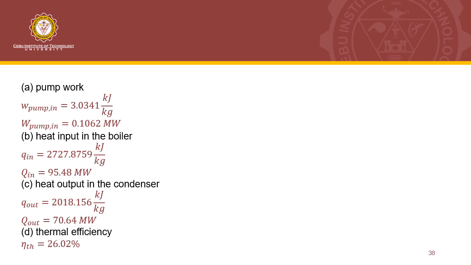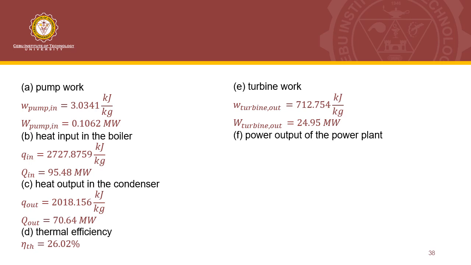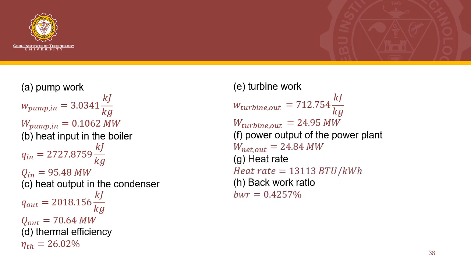That is not a good indication, because it means that you are producing a lot of waste energy here. We also have the turbine work, the power output of the power plant, the heat rate, as well as the back work ratio. So that is how you compute all those quantities in the simple ideal Rankine cycle.